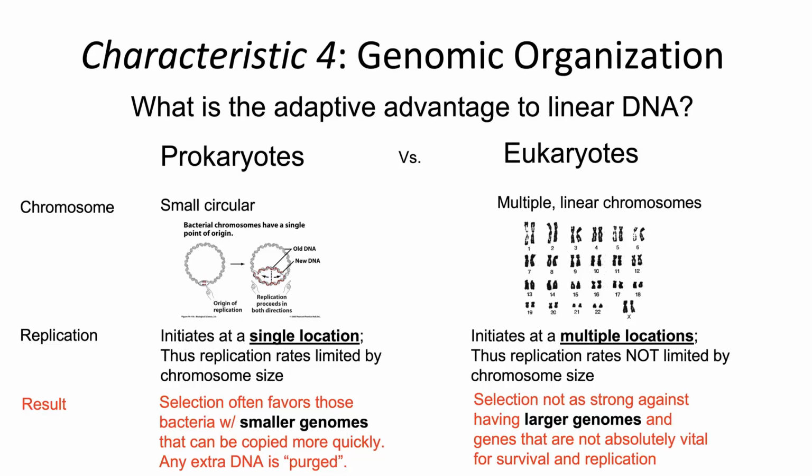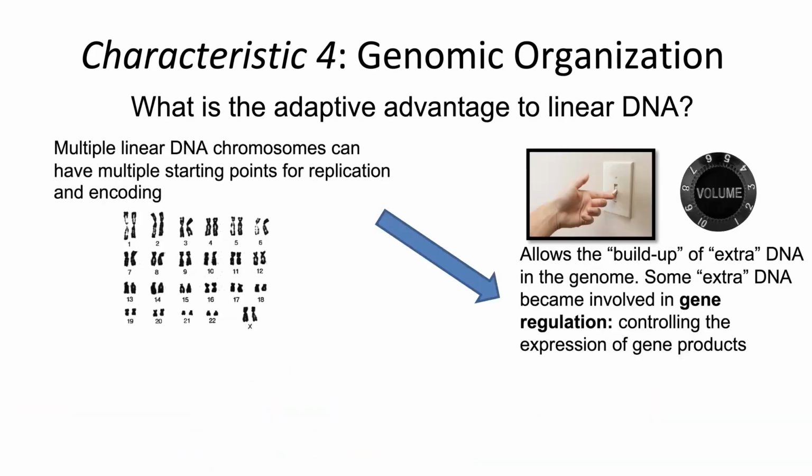And there's also not as strong a selection against genes that are not absolutely vital for the survival and replication of these eukaryotic cells or eukaryotic organisms. So in other words, you can build up some junk DNA in there, and because DNA can be replicated in multiple locations, there's not strong selection against having that extra DNA building up within the genome.